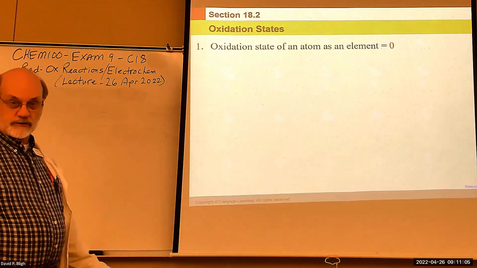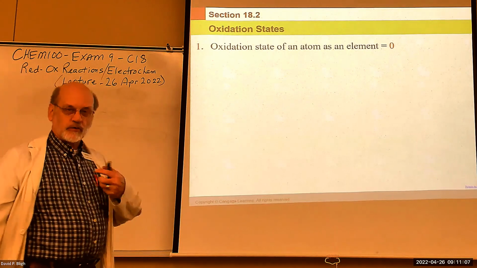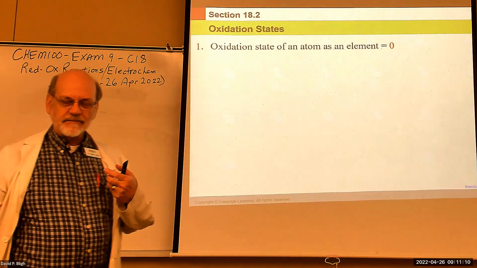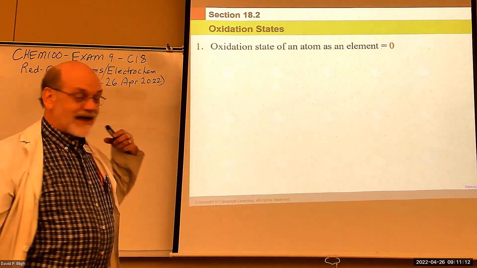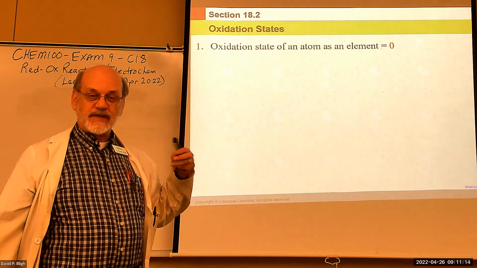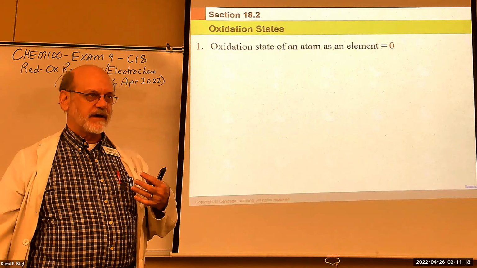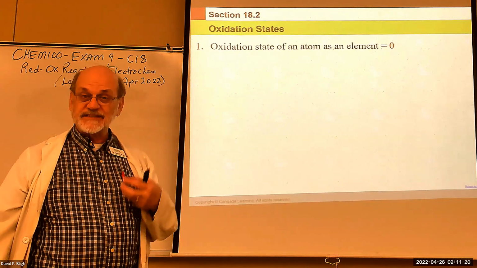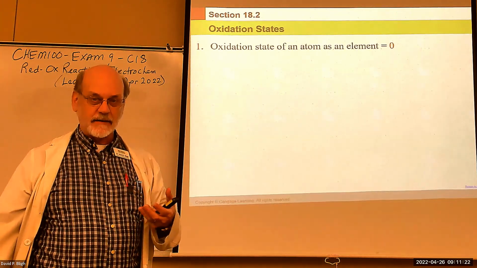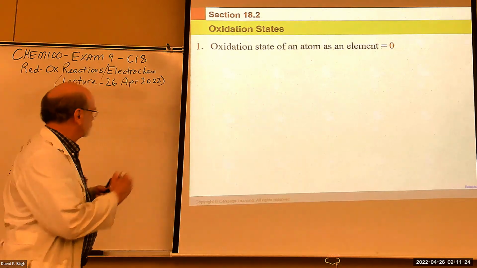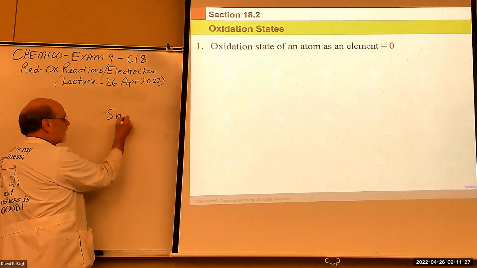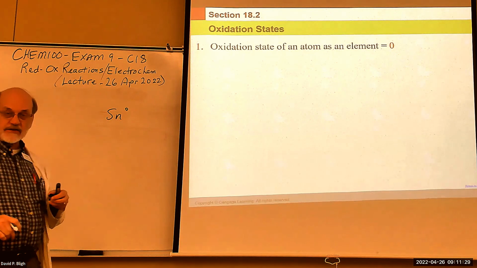This is a bookkeeping scheme so we can follow the movement of electrons. So we need some rules. First rule, the oxidation state of any atom that's in an elemental state, such as if tin were not charged, it would be Sn. That would be zero oxidation state.